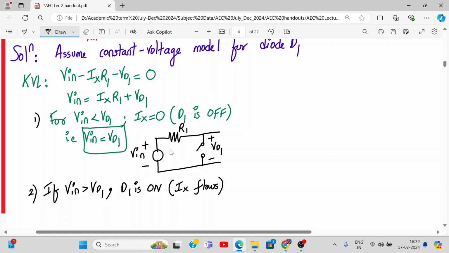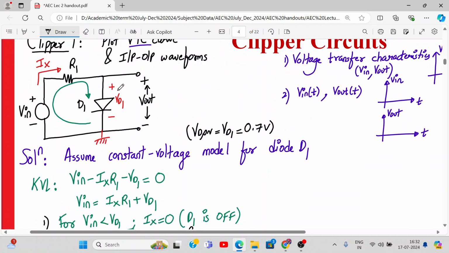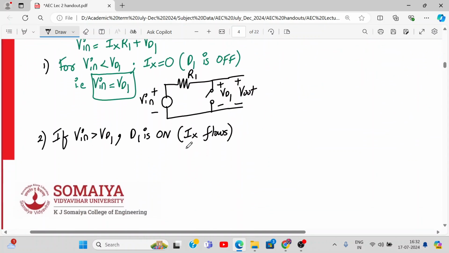So how will the circuit be now? How will the circuit look if I want to draw it? So basically see, this is equal to V out only. This voltage, the diode is connected in parallel, so V out is always equal to VD1 only over here. Okay. So when V in is greater than VD1, what will happen? How does the circuit reduce?